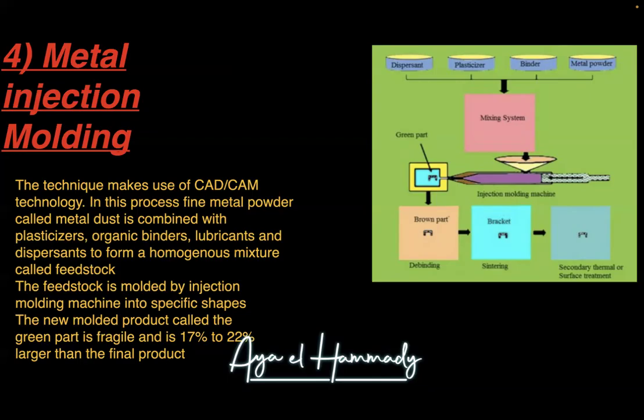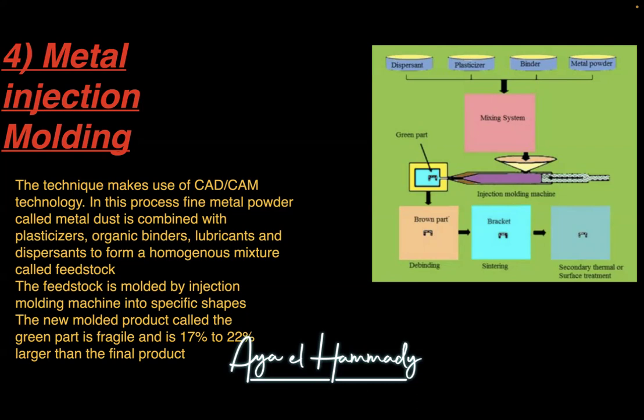Okay. What about here the metal injection molding? This is the most expensive method and the high-end cutting method, okay? Why? The high-end technology, because we are going to design the bracket by using the CAD/CAM technology. We also use the metal powder, which is called metal dust.